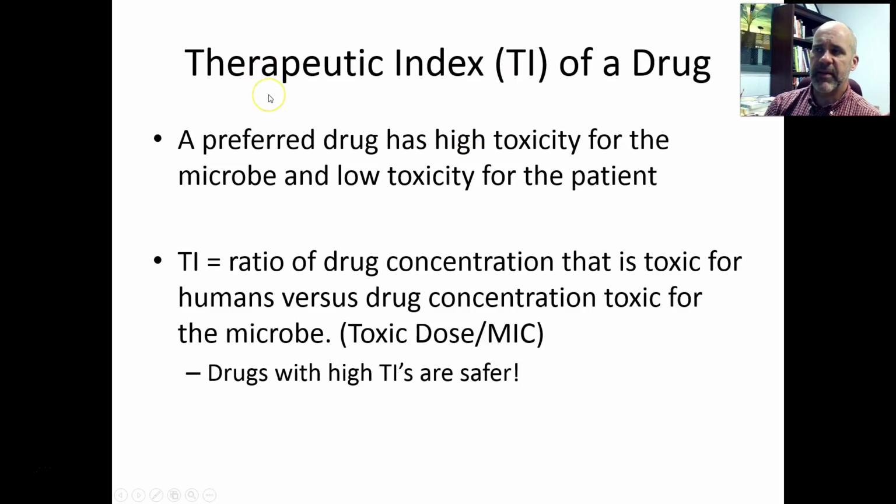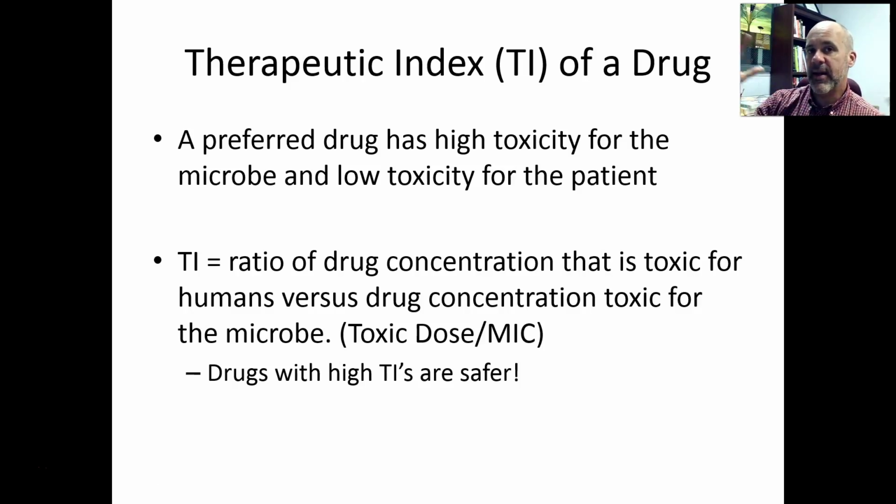All right, so we've talked a lot about this selective toxicity. You want a drug to have a high toxicity for the microbe, low toxicity for the patient. So there's a measurement for that, and it's therapeutic index, or TI. That's the ratio of drug concentration that is toxic for humans versus the drug concentration toxic for the microbe.